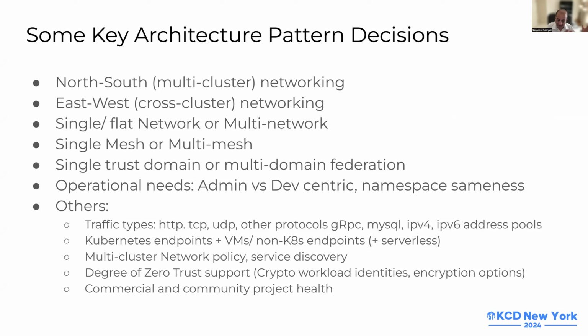We're not just limiting to single cluster north-south. Yes, we have features like node port load balancing and so on, but we're talking about cross cluster north-south networking. Similarly, there's cross cluster east-west networking, which is essentially going, quote unquote, sideways between clusters. So it's service to service networking across clusters.